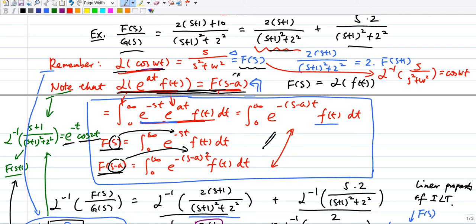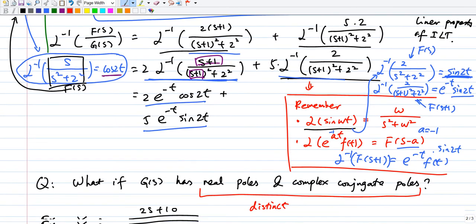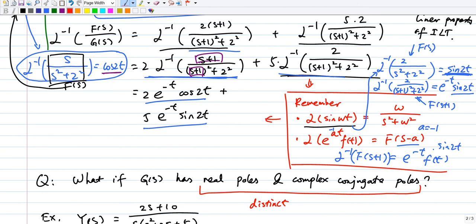This statement also says L inverse of F(s minus a) is e to the a t times f(t). Similarly here, this also implies L inverse of w over s squared plus w squared is sine wt, and this also means L inverse of F(s minus a) is e to the a t times f(t).